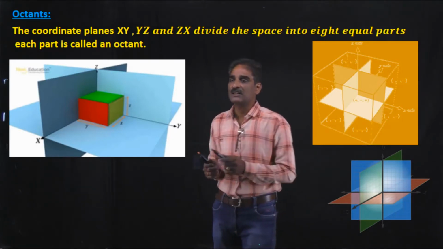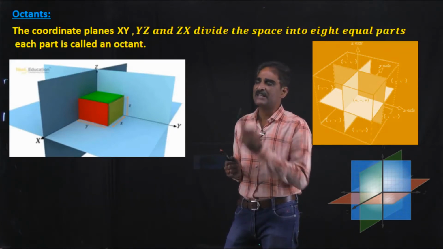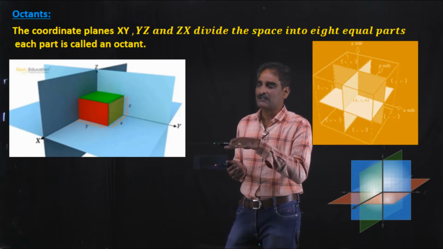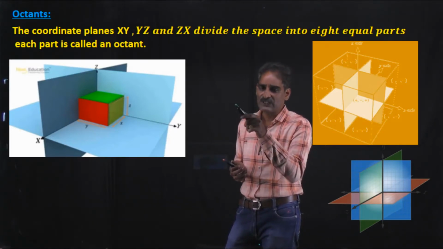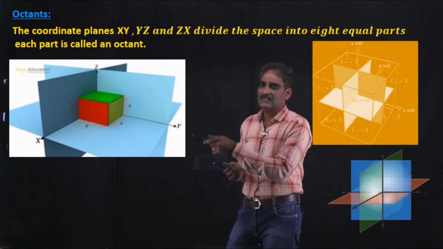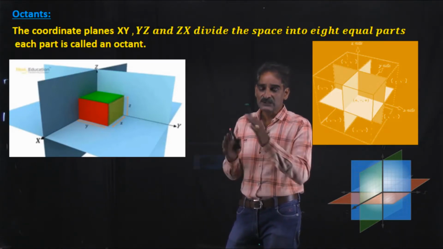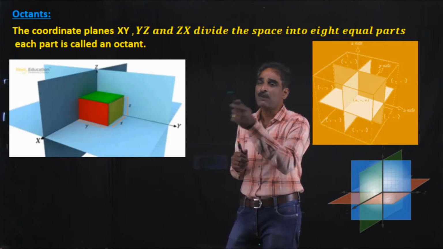Observe the x-axis, y-axis, z-axis. The base plane is the XY plane, the plane formed by the y-axis and z-axis is called the YZ plane, and the x-axis and z-axis form the ZX plane. These three planes divide the whole space into 8 parts.